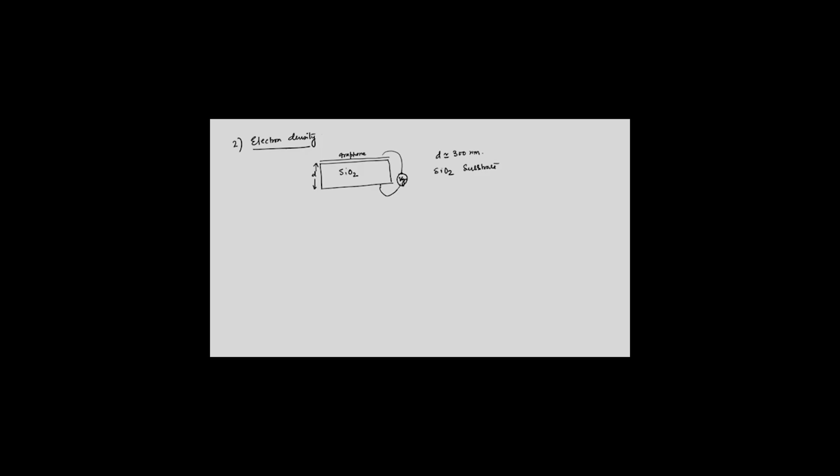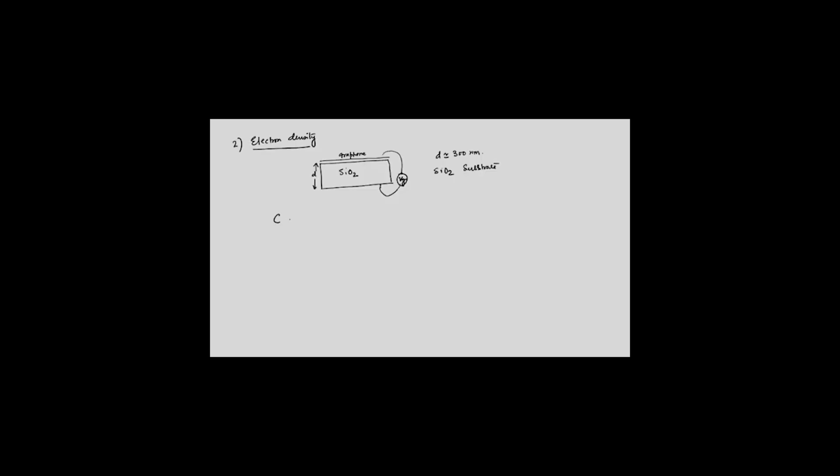So this looks like a capacitor that is formed, and we know what the capacitance of a capacitor is. The capacitance is C equal to epsilon A over D, where A is the area, and epsilon is the dielectric constant of SiO2, and D is the thickness, which is written here.